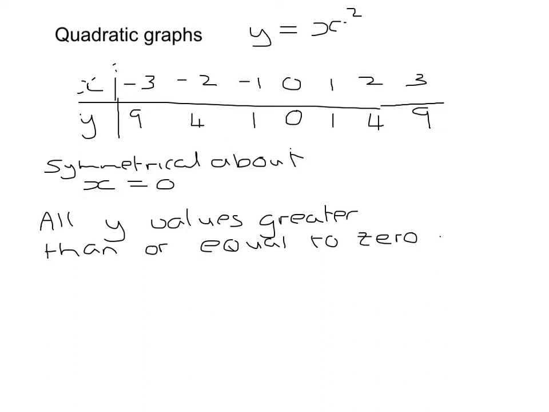And while we're talking about x and y values, we'll just define a few things. The domain, if you're asked or given a domain of a graph, it's the set of possible x values.